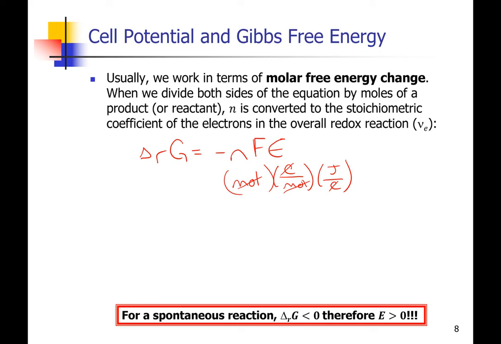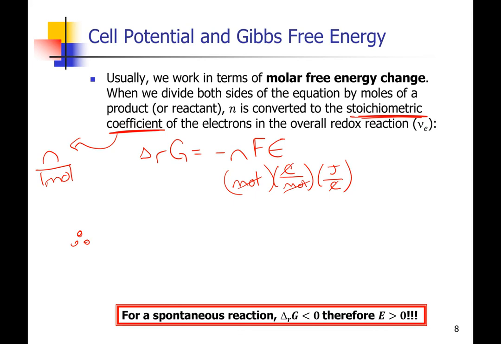And so if we would prefer not to have the moles cancel, if we would prefer to get free energy values in joules per mole or kilojoules per mole, then what we can do is, instead of using the number of moles of electrons, we instead use something called the stoichiometric coefficient, which is simply the number of moles divided by 1 mole. It's almost kind of like the activity of the number of electrons.